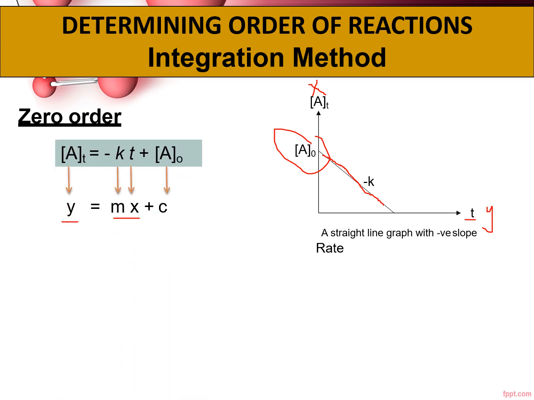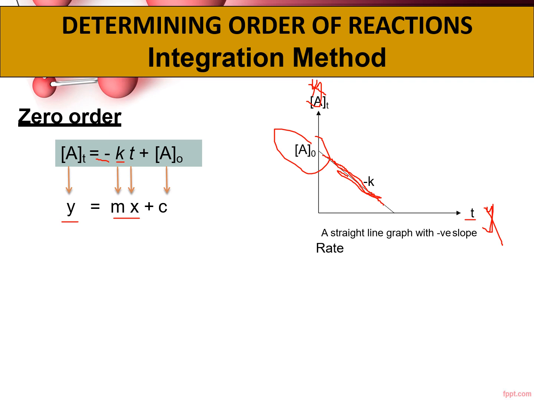Then that's equal to m, our slope, which is negative, so you put minus k. And t represents our x. Plus c, the intercept, is the concentration of A naught. So now it's clear how y equals mx plus c is related to this graph.